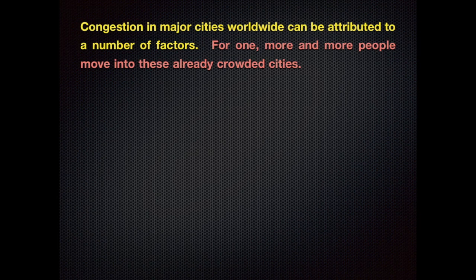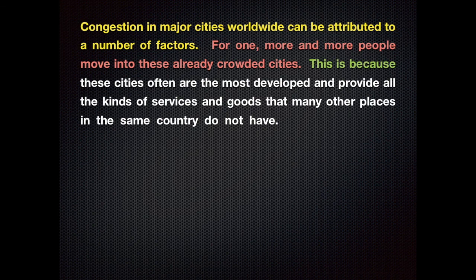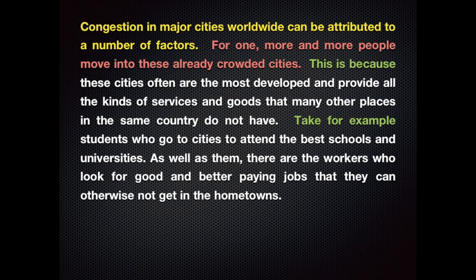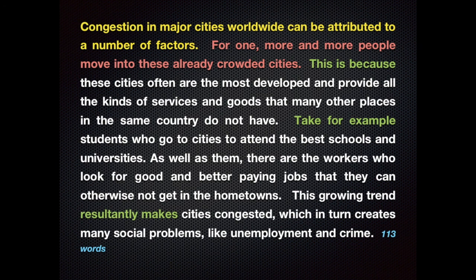So this is the topic sentence and the idea, and this is the explanation. This is an example, and this is the result. So you read this to them. Now this paragraph already has 113 words, which is more than enough for a paragraph they can create in the actual test.